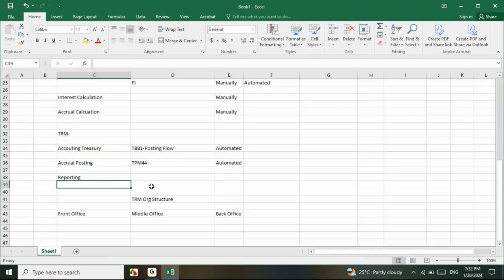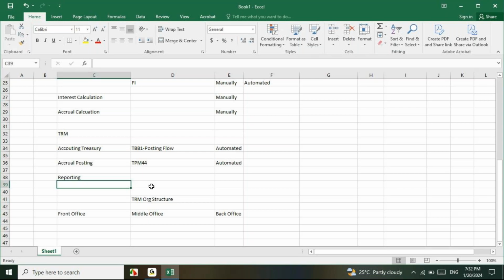Not only that, when you talk about the SAP TRM module, we talk about basically all the financial instruments, which you call a product type. Example, let's say we are investing, there are lots of products, financial instruments available in the SAP TRM module, which we segregate into different product groups. What are those product groups?